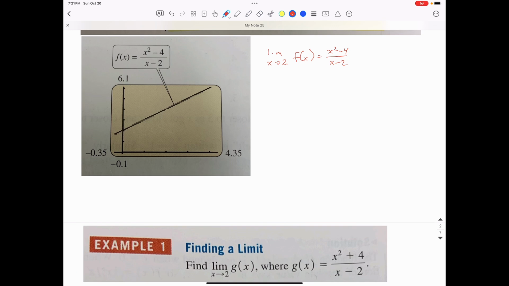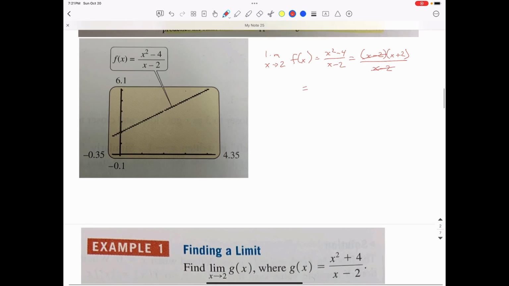We've known from the previous chapter you can simplify that if we factor the x squared minus 4 into x plus 2 times x minus 2, and the x minus 2's would cancel, leaving us with just x plus 2, which means it is a linear equation with a y-intercept of 2 and a slope of 1.